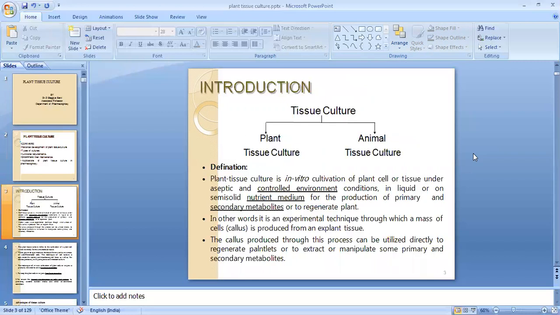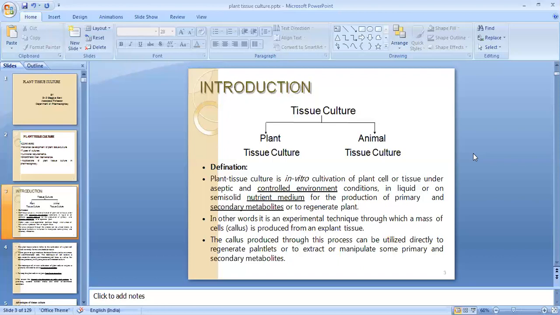And when you see tissue culture, what do you mean by culturing? That is maintaining the growth. So tissue means what? It is the group of cells which has similar characters or growth characteristics. Okay. So growing of the cells which have similar characters in an artificial medium, apart from the natural growth, is called your tissue culture.